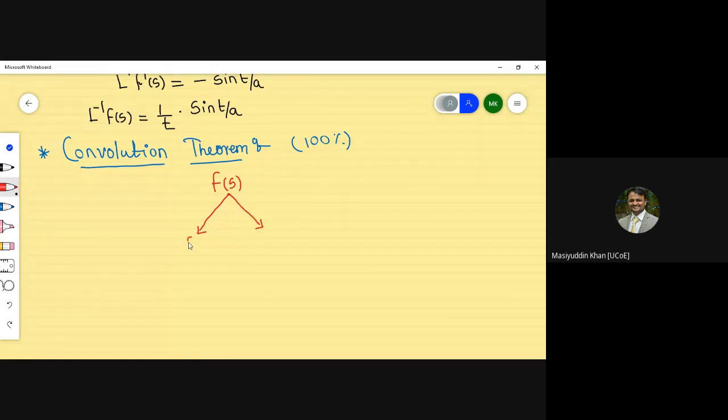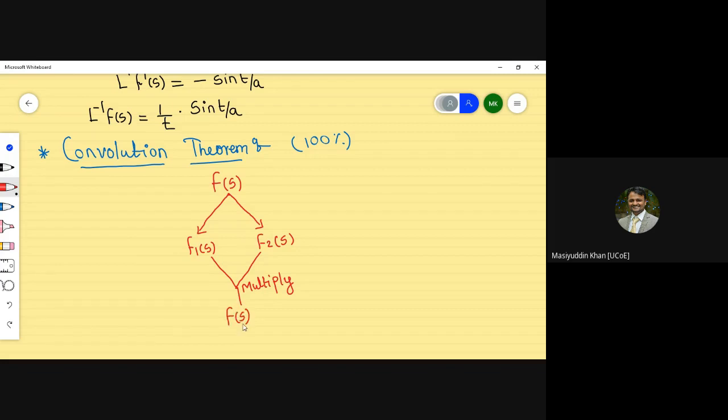The first one will be f1 of s, and the second one will be f2 of s. But if we multiply these two functions again, then you will get the same f of s.